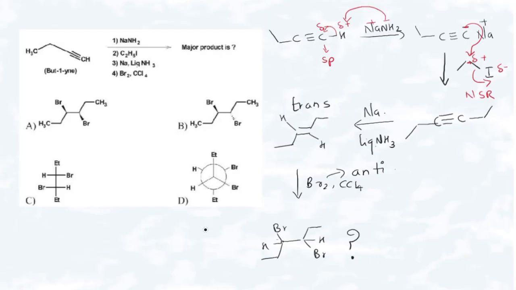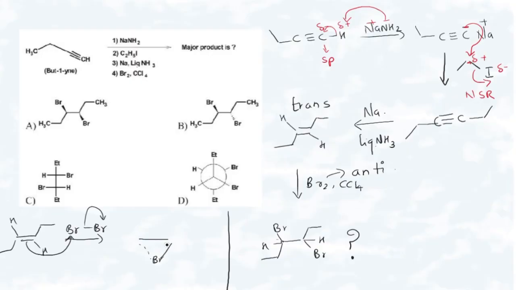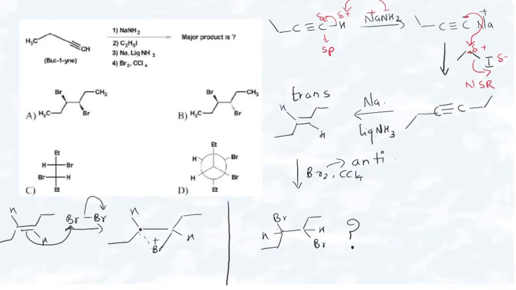What does that mean? So when you take an alkene like this and it is treated with bromine, the alkene, which is electron rich, will attack the bromine. And then it's going to form a bromonium ion like this. These two carbons and this bromine, all these three are in the same plane.